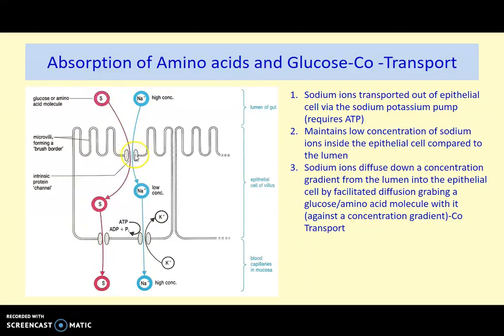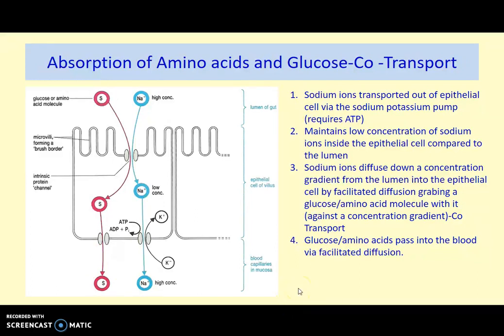Obviously there are different carrier proteins for these different molecules. So they will get co-transported into the epithelial cell. And then because we increase the concentration of glucose or amino acids within the epithelial cell, they will then diffuse across into the bloodstream via facilitated diffusion.